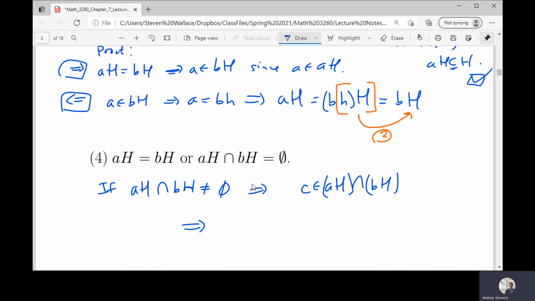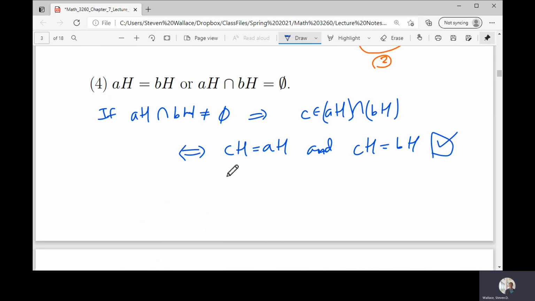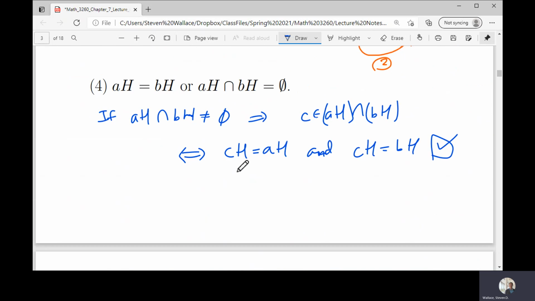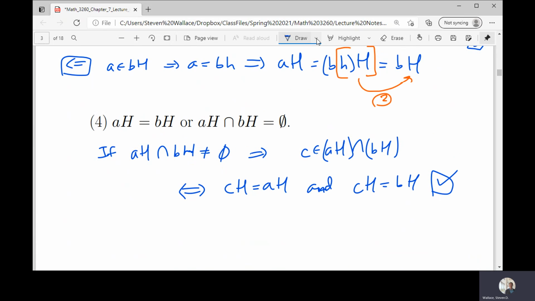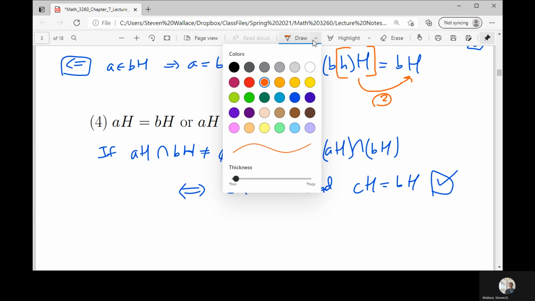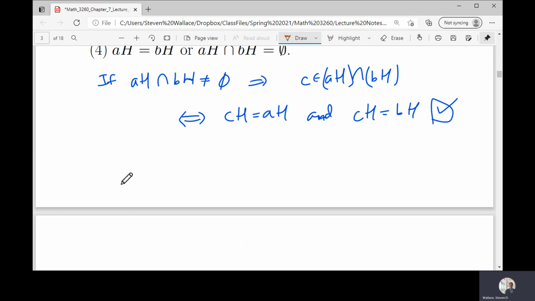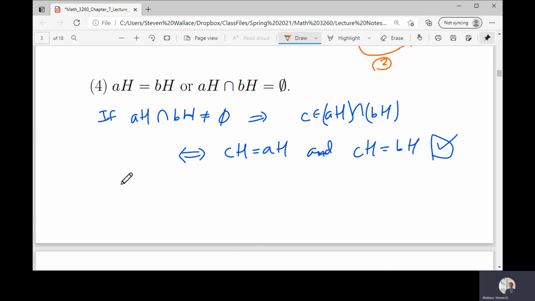That's if and only if CH is equal to AH, and CH is equal to BH. Okay, so then AH is equal to BH. So this is saying that the cosets partition the elements of the group.